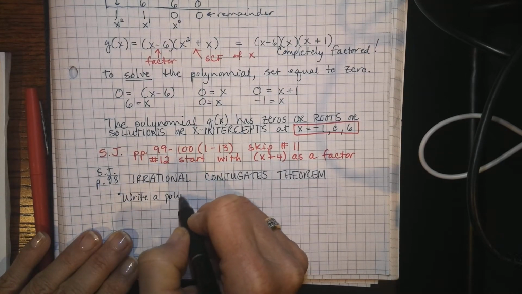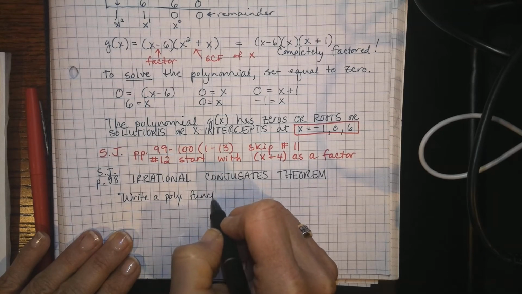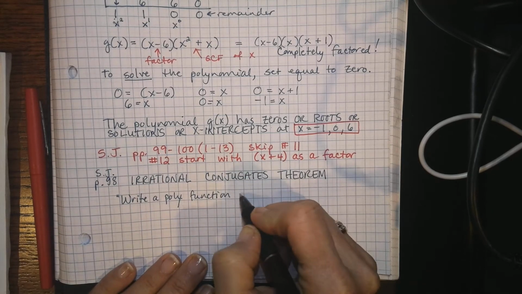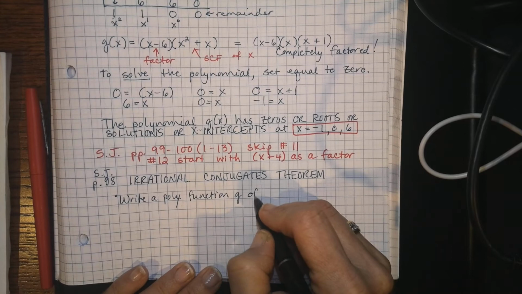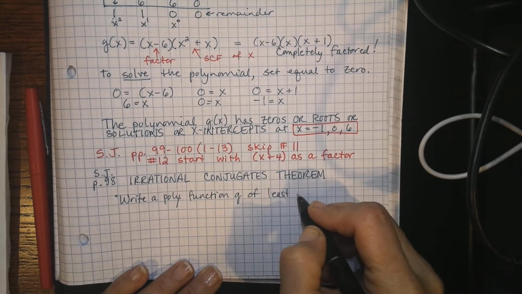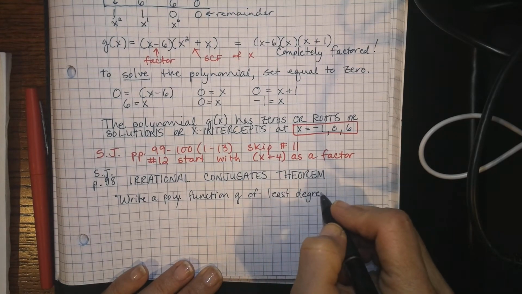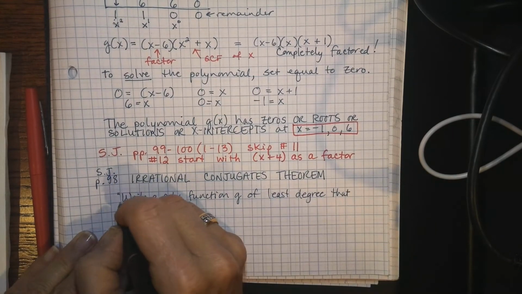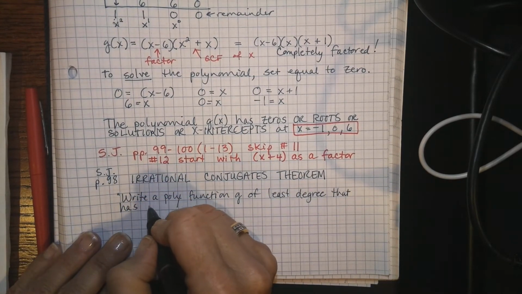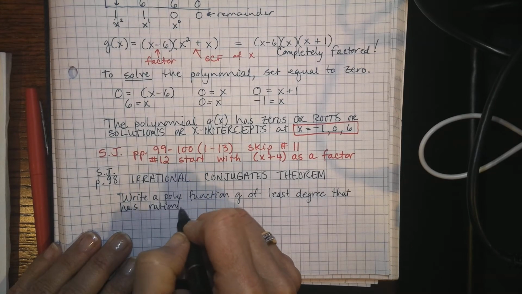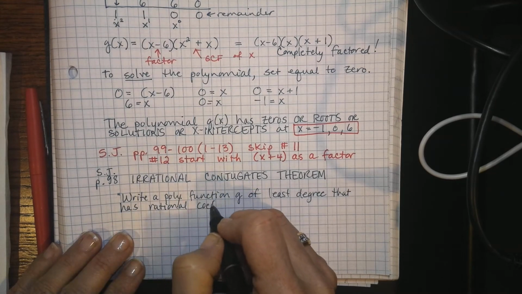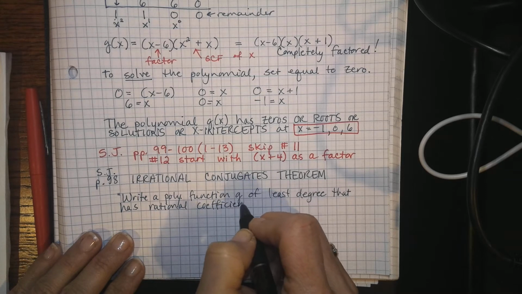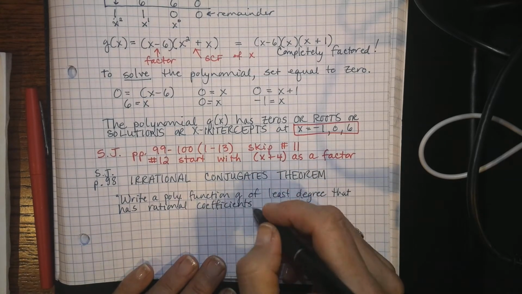Write a polynomial function g of least degree that has rational coefficients. So we're not talking about any weird functions here. We just want some nice rational numbers.